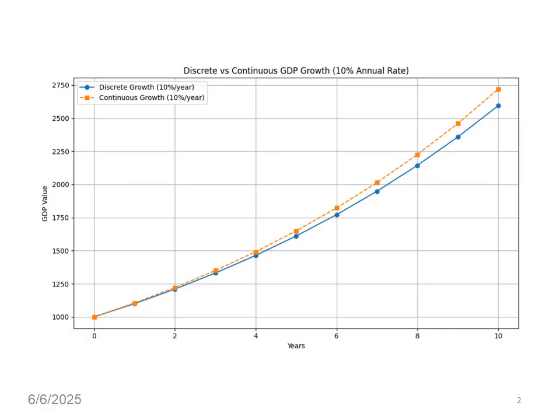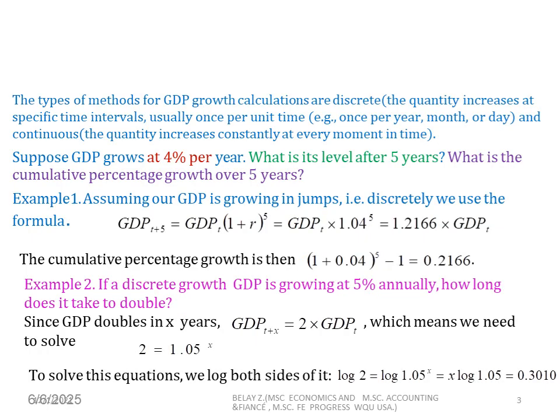Let us see what is discrete and continuous GDP growth rates. The type of method for GDP growth calculation, as we said, is discrete. That means the quantity increases at a specific time interval, usually once per unit time, for example once per year, once per month, or per day.